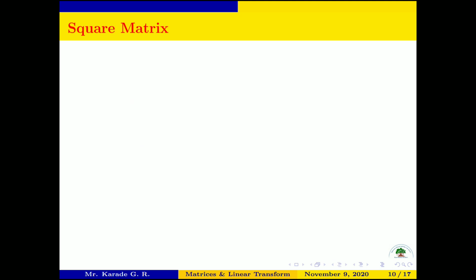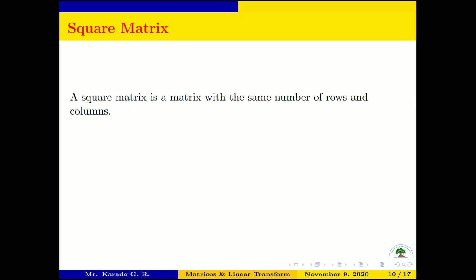Square matrix. A square matrix is a matrix with the same number of rows and columns. The square matrix has order n by n, meaning n rows and n columns. The number of rows and number of columns are the same. Such a matrix is called a square matrix.